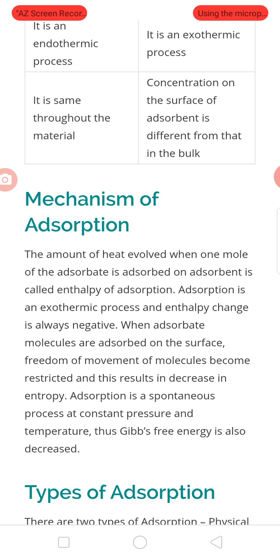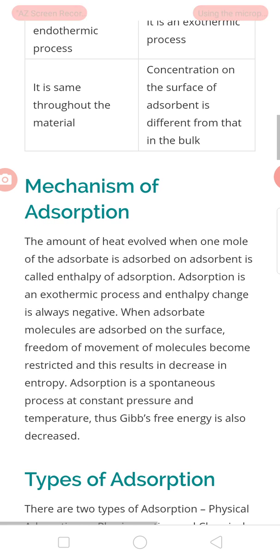So, in this mechanism, we understand the enthalpy of adsorption, that is the heat evolved when 1 mole of adsorbate is adsorbed, and similarly we consider adsorption is an exothermic process and it is affected by temperature.